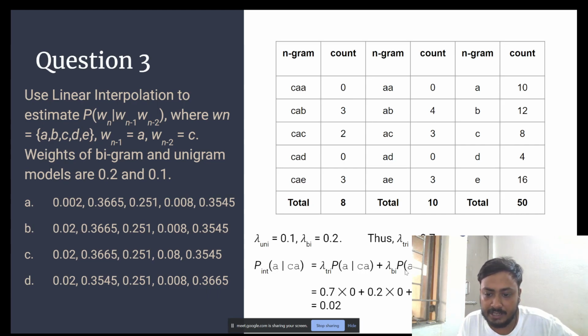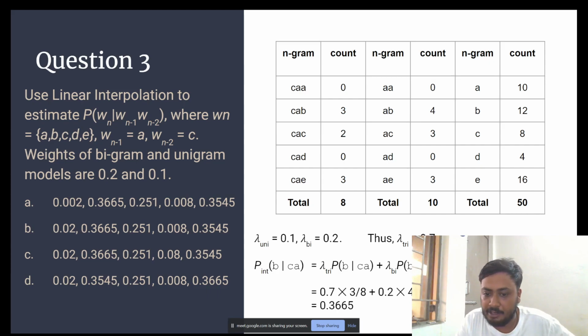Then you consider A given A, that is also 0. And finally the probability of A is 10 by 50. The last row sums up the individual columns, and thus you get the value 0.02. It's pretty straightforward from here on.